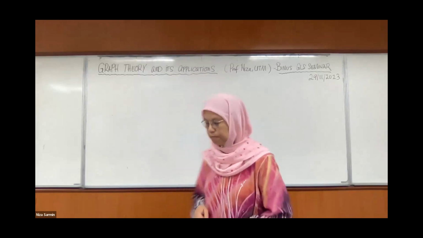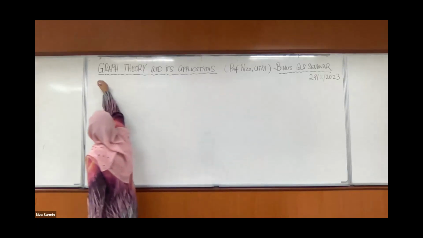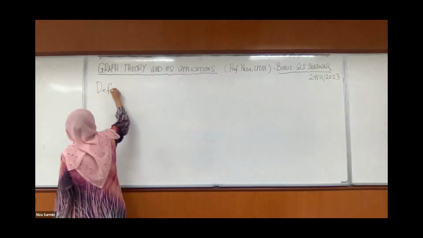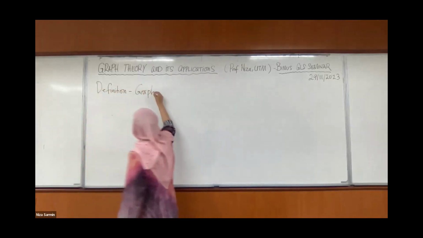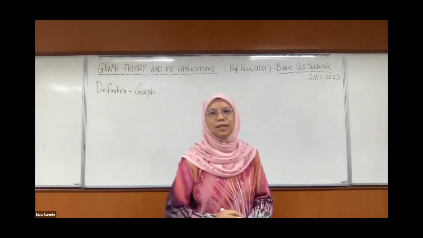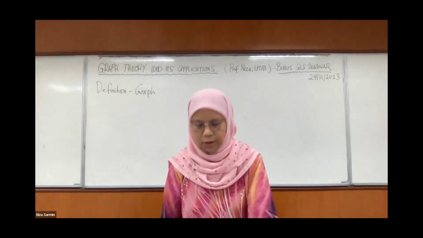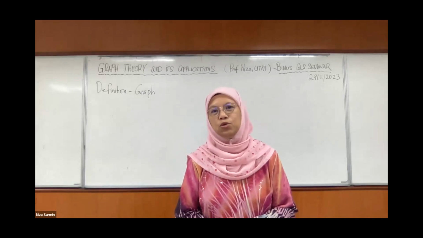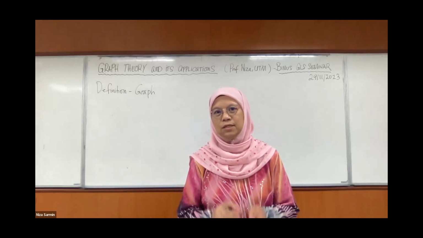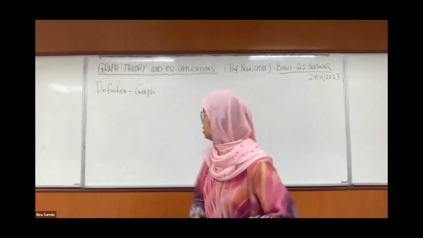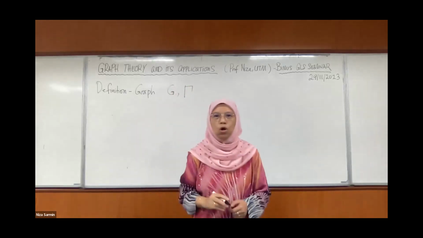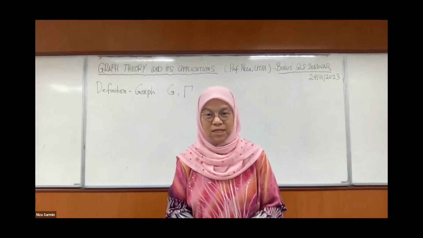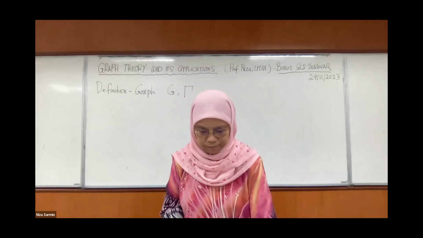Okay, what is actually a graph? The first definition is graph. We normally use the symbol G or gamma for a graph.